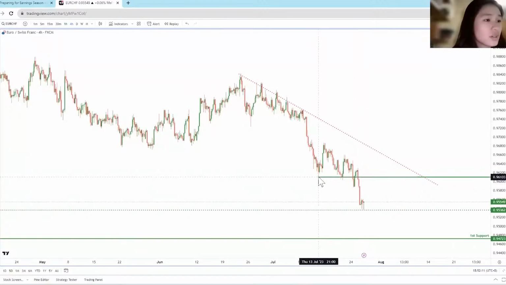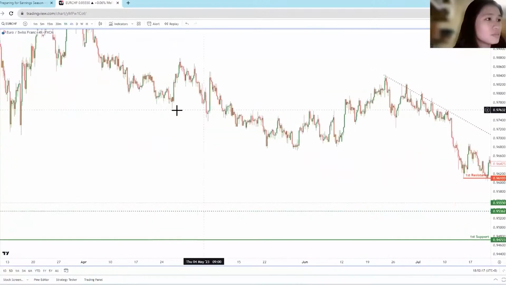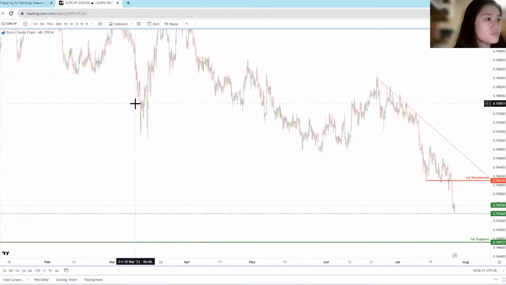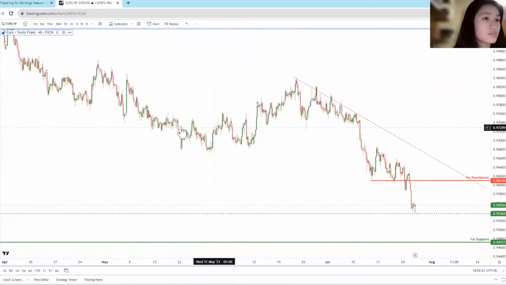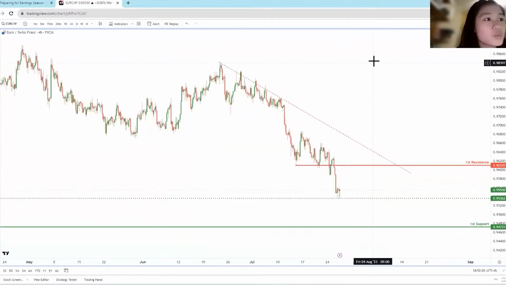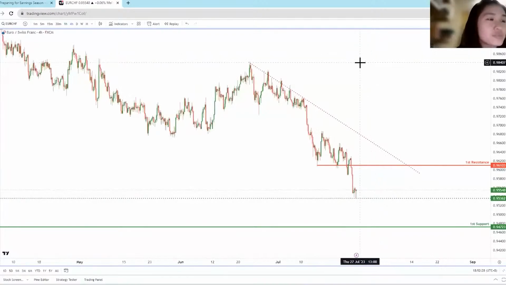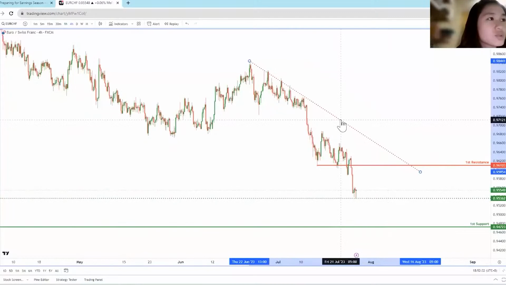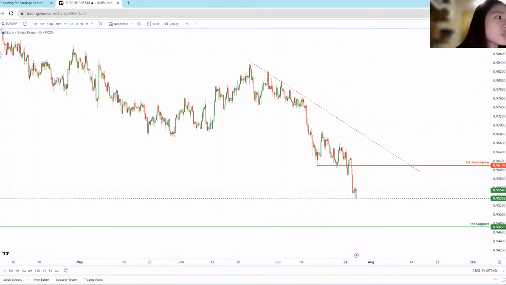I have a resistance here, first resistance. Okay, it's a bit hard to analyze on this chart because there are no previous levels for us to take note of. So we're just gonna jump right into our Fibonacci levels.